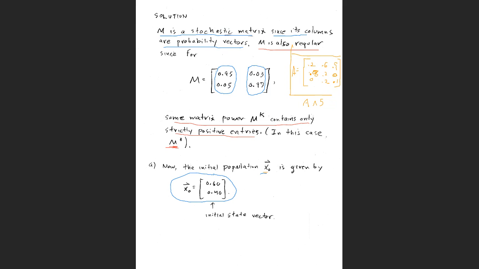So if you remember in the matrix, moving to the city is on the first row, moving to the suburbs is on the second row. So the 60% of people initially in the city goes on the first row, and the 40% of people living in the suburbs goes on the second row. And that's what's called your initial state vector.